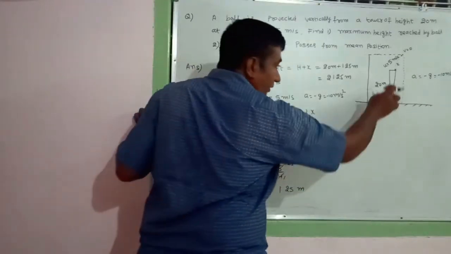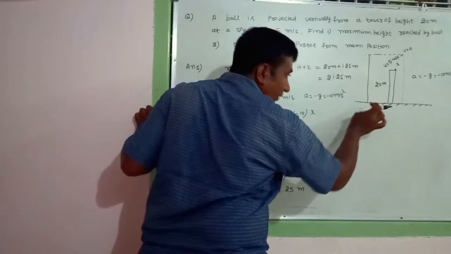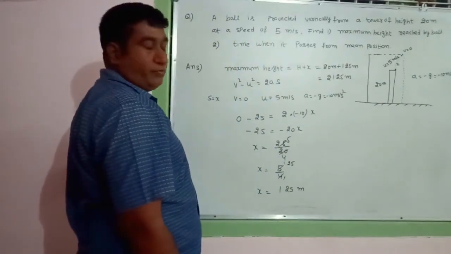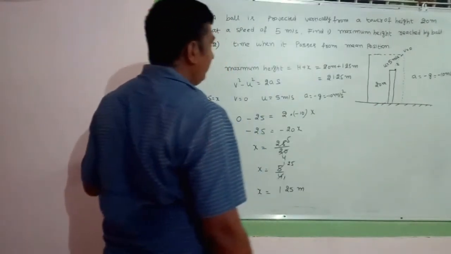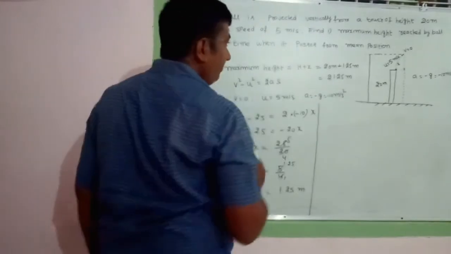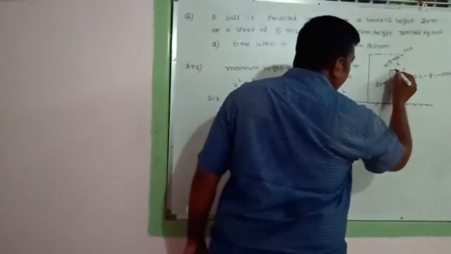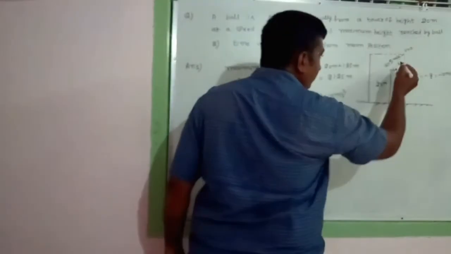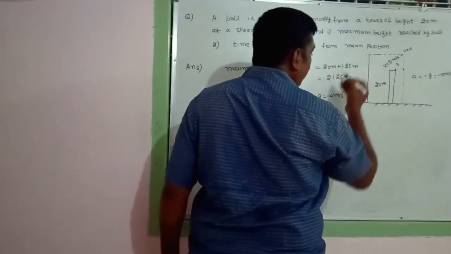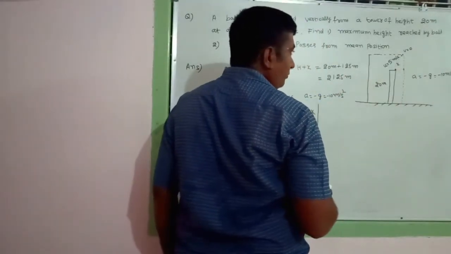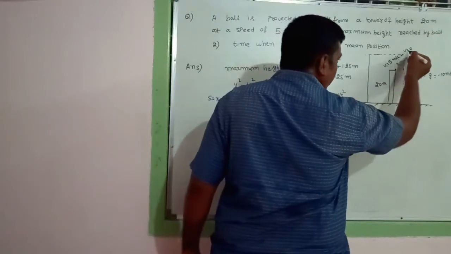This is the height reached by the ball from the ground, which they can ask. The second one is the time when it passes from the mean position. From here to here the distance traveled is 1.25. Here the initial velocity is u and the final velocity is 0.